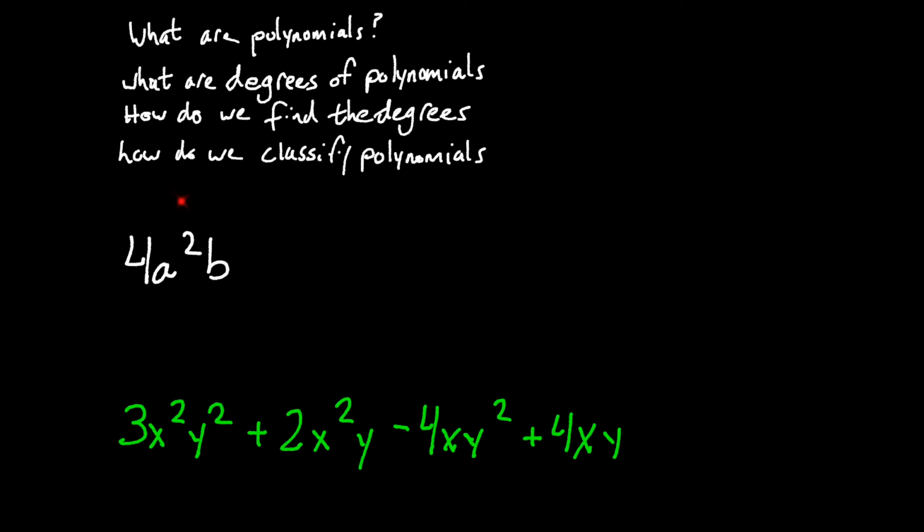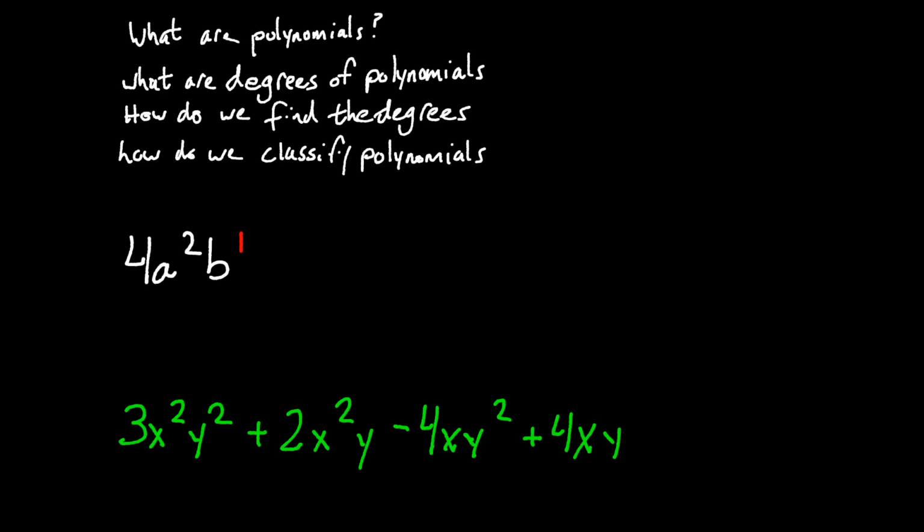Let's start with the monomial first. We'll notice that I don't have to worry about standard form because there's nothing coming after it, but I have an exponent of 2 on the a, and while it's not shown, we have a hidden exponent of 1 on the b. What is the degree of this monomial?